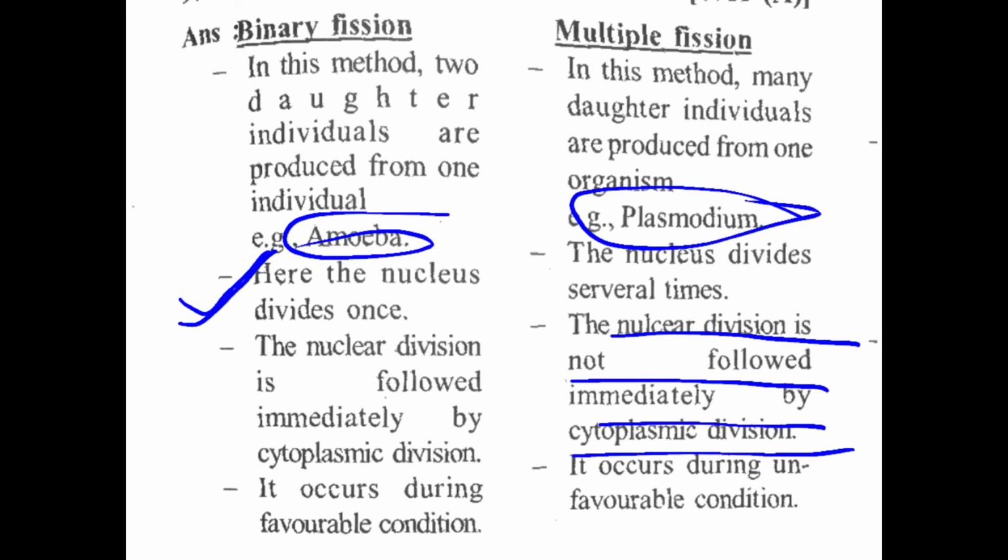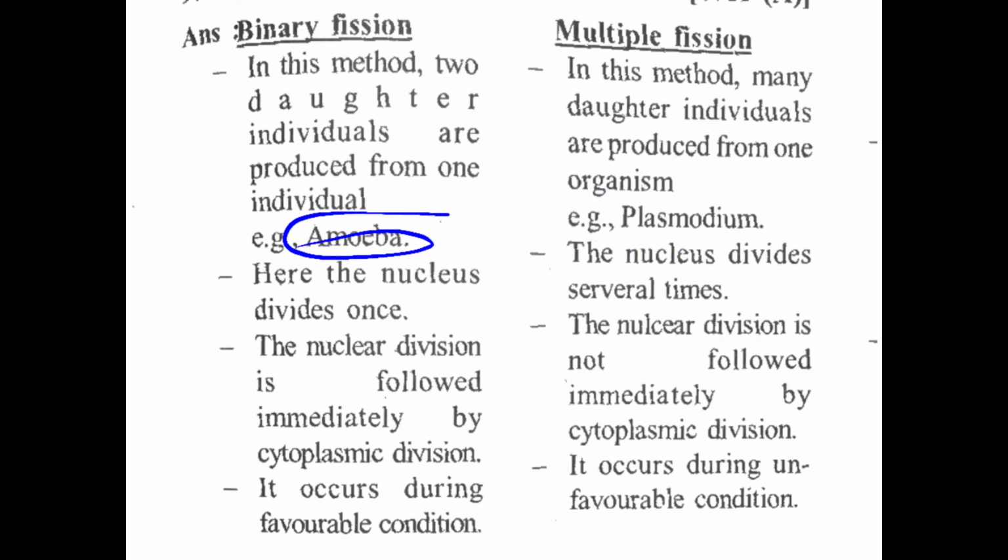Binary fission occurs during favorable conditions like sufficient food and good weather, whereas multiple fission occurs during unfavorable conditions.